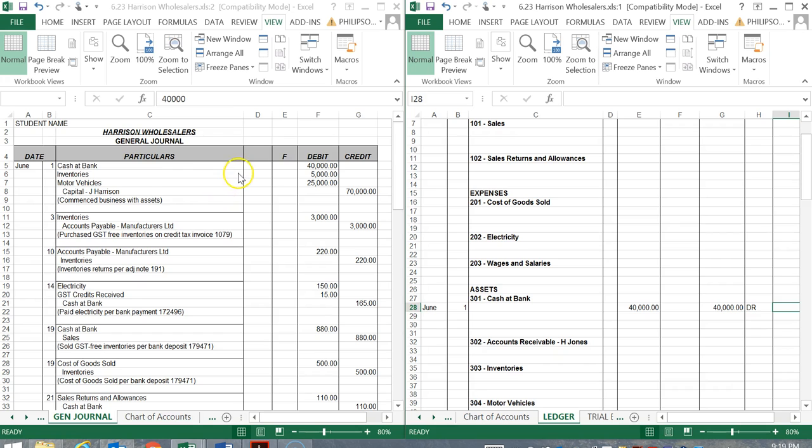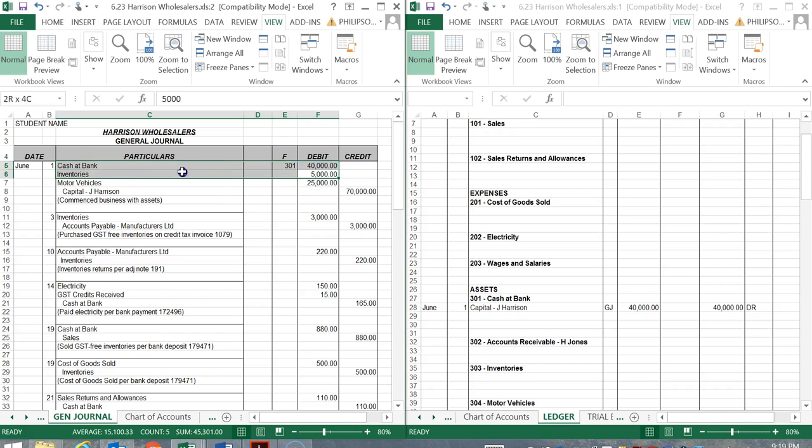Because that's on the debit side of the journal entry, our particulars are the credit side of the journal entry. That money came from Capital J. Harrison, the source of the money, so that becomes our narration. That's come from the general journal, and this has gone to 301.